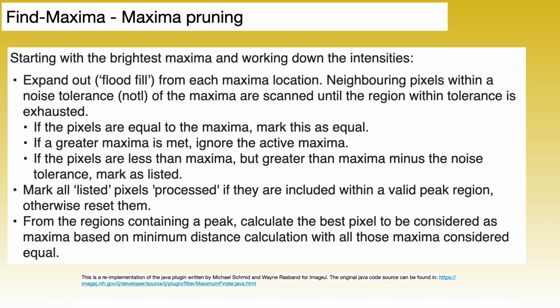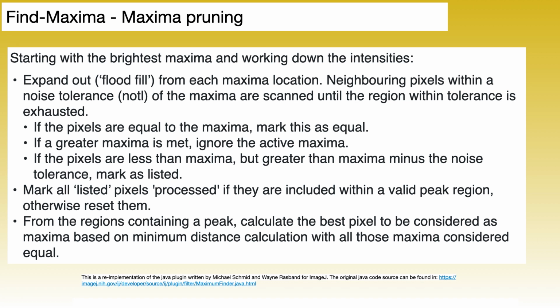So what we do is we set this noise tolerance parameter, and this allows us to make decisions about which of our peaks we're going to keep and which we're going to throw away. So I'll describe how the algorithm works first through words, and then I will take you through it a bit more diagrammatically.